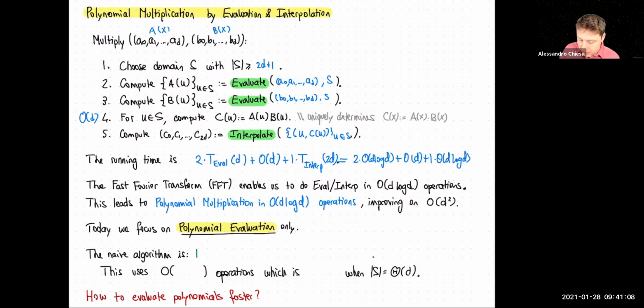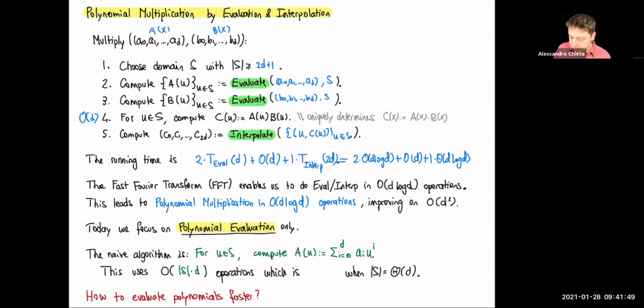So you can say for u in S, you're going to compute A(u), which is just the expression, the sum i equals 0 to d of a_i u^i, right? That's, I mean, if I have to evaluate A everywhere on S, the straightforward way to do it is like this. I know how to evaluate the polynomial at one point, and I'll just keep doing that for every point in S. So this is going to cost me size of S times d, right?